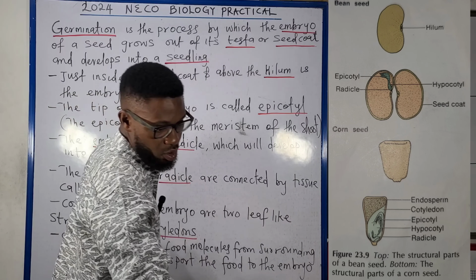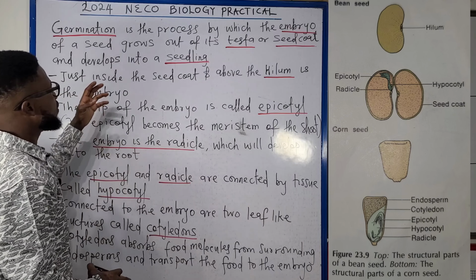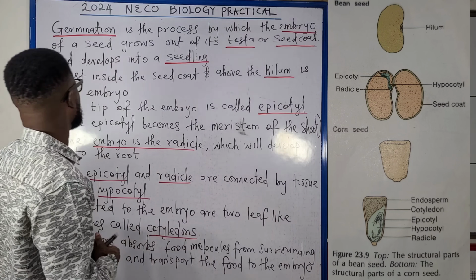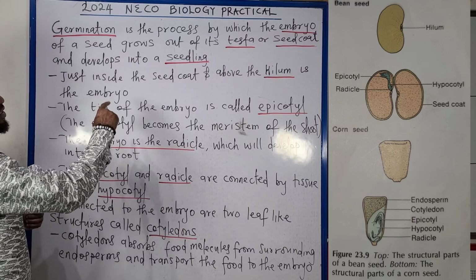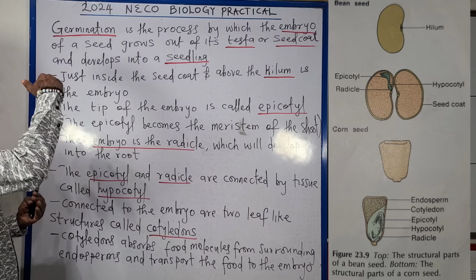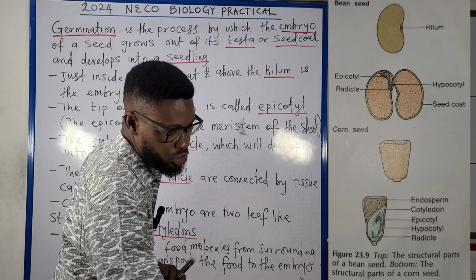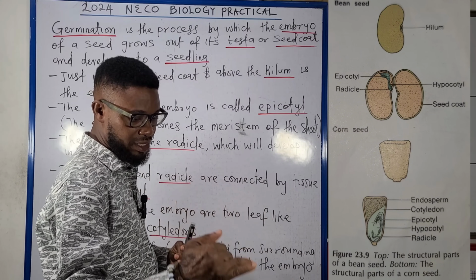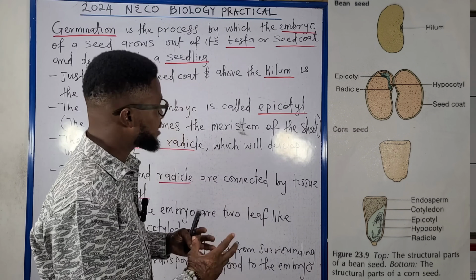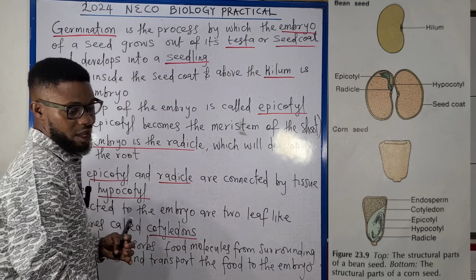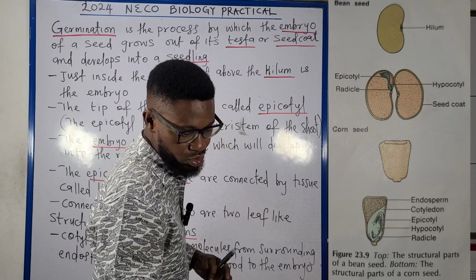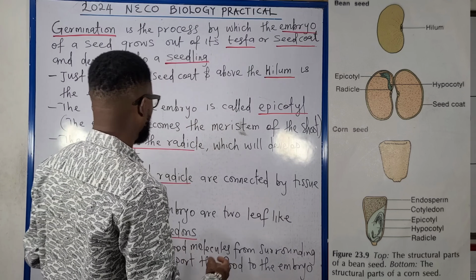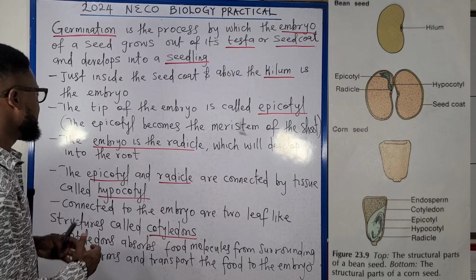You can see the labeling of the seed coat there, and develops into a seedling. Now, just inside the seed coat and above the hilum is the embryo, and the embryo consists of your epicotyl, your hypocotyl, and your radicle, which ultimately develops into the root.